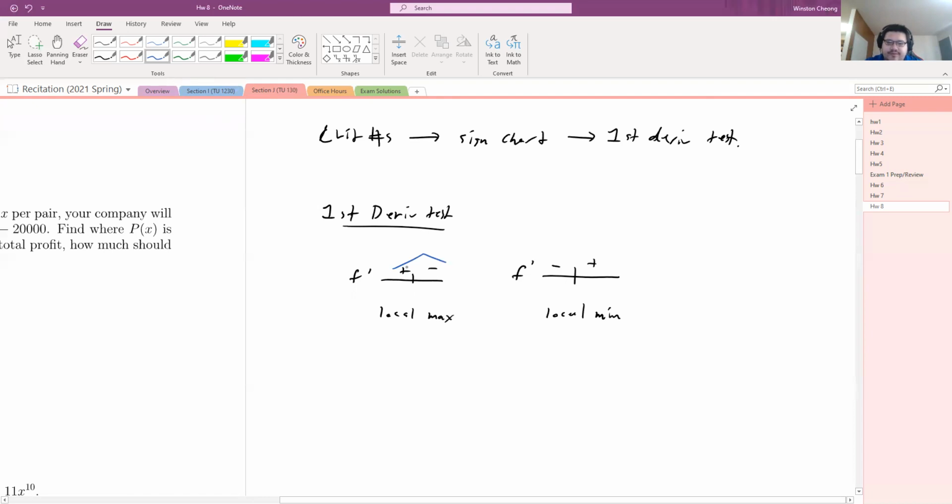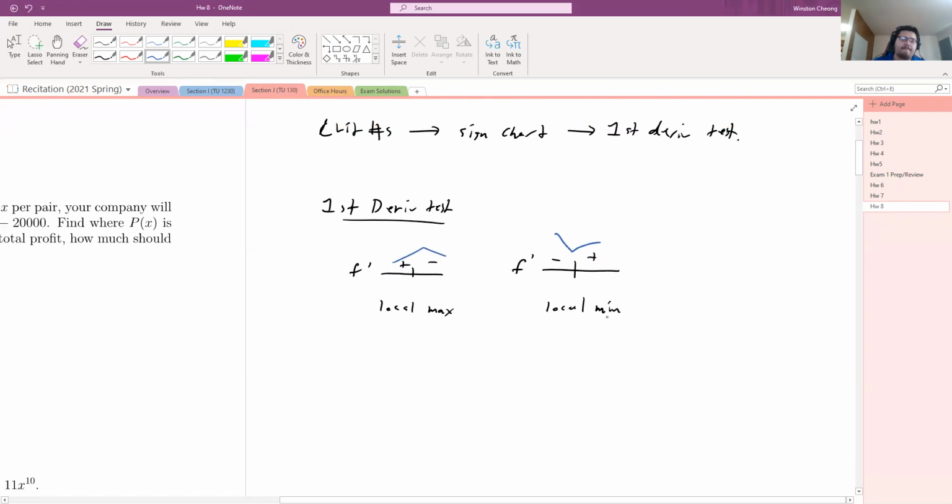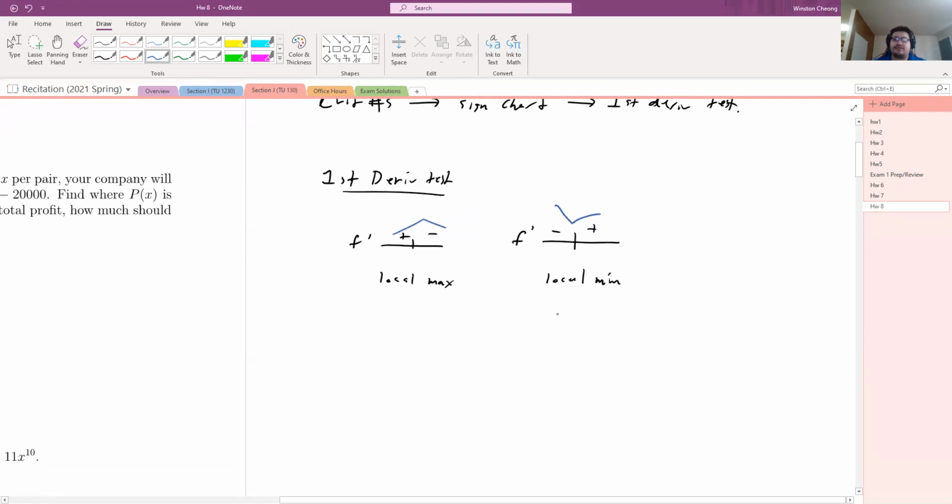A derivative being positive means the function is increasing. Derivative being negative means it's decreasing. So you just sketch these little things that tell you what it looks like approximately. With those little sketches, you can easily see this one should be a local max, and this one should be a local min. Okay, so that's the first derivative test.